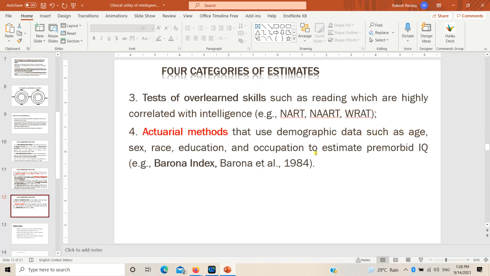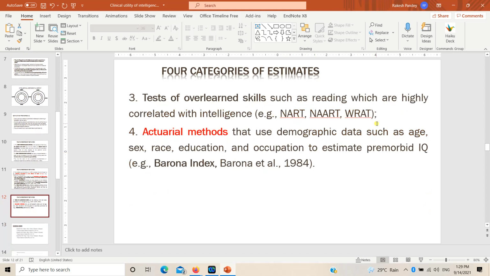The third is using some overlearned skills. You all have noticed that overlearned skills are generally not impaired because of psychopathological conditions. The person can walk and talk, even having severe psychopathology. And generally, under this category, some standardized reading tests are used.